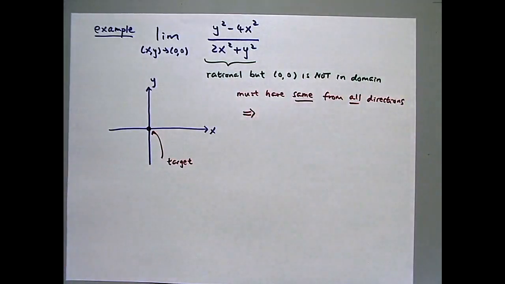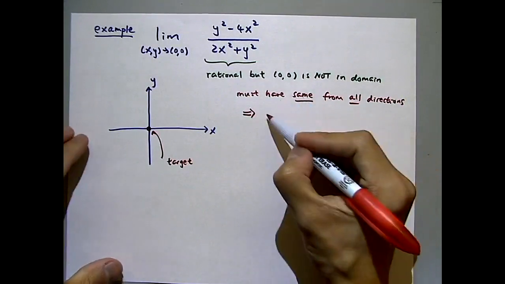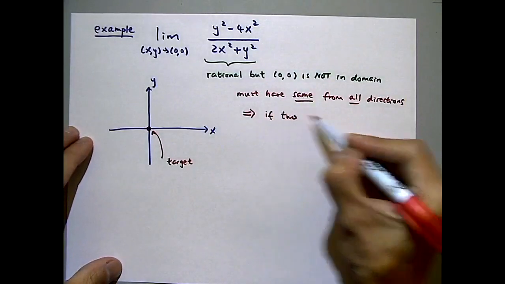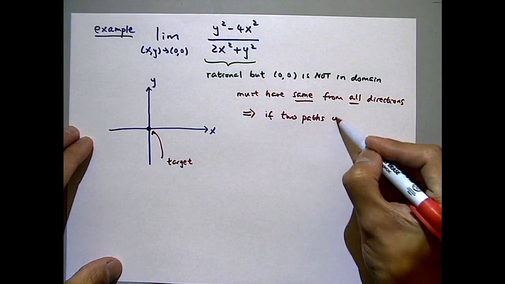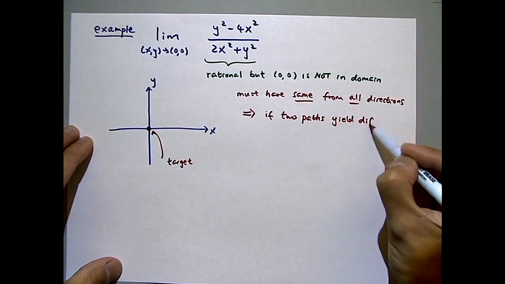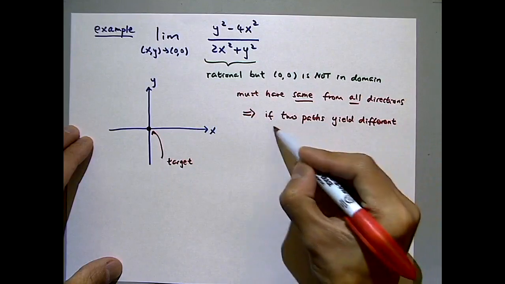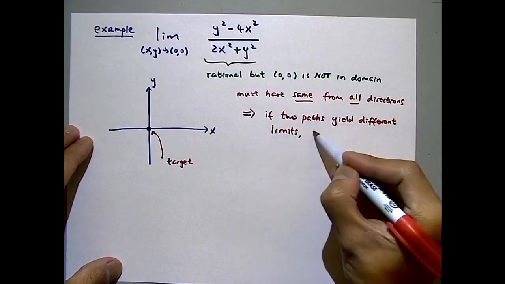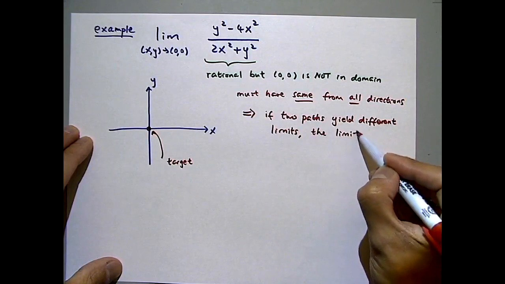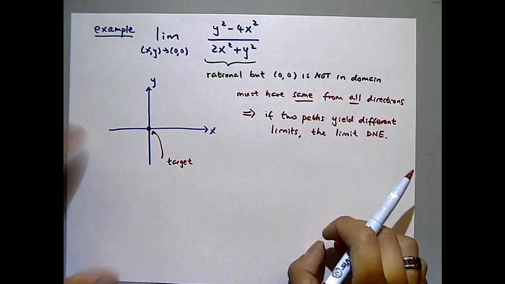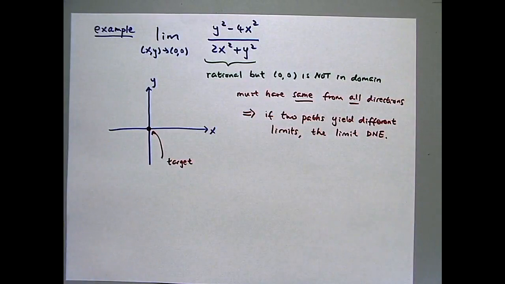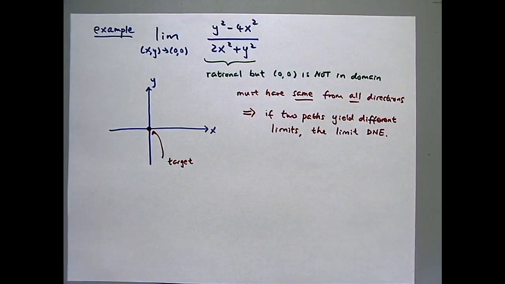What that means in practice is that if you can find two paths that give you different limits, then the conclusion is that the limit does not exist. If two paths yield different limits, then the limit does not exist. Does that make sense? Yes?